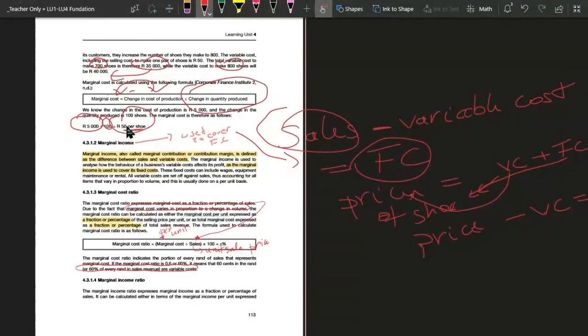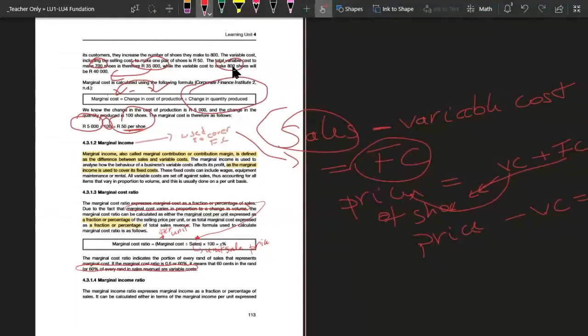For example, for the shoes, they were producing 700 shoes and they increased it by 100 to 800. So there was an increase of 100 shoes. Now, the cost goes from 35,000 to 40,000.